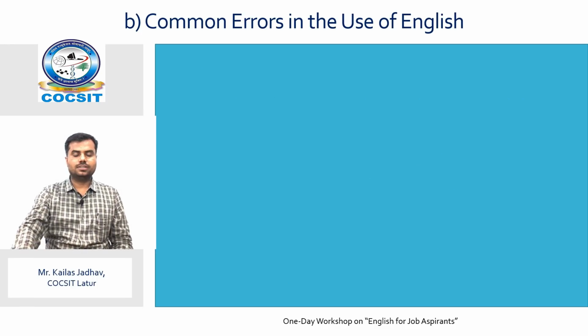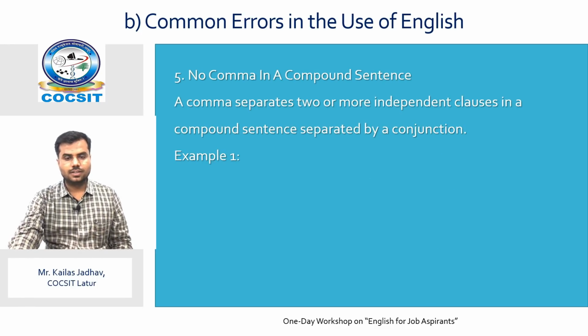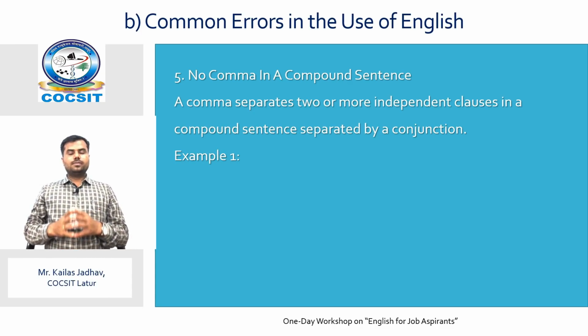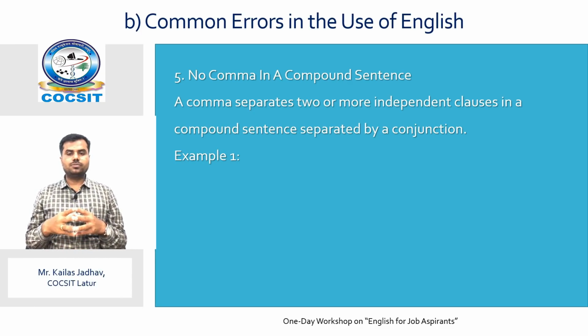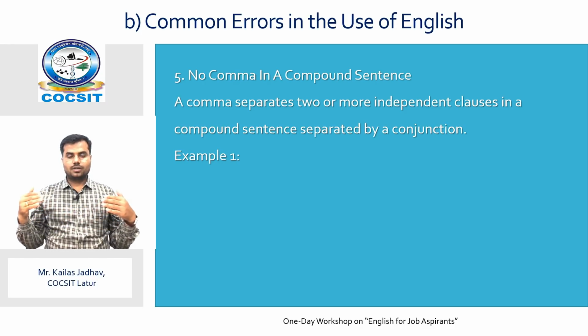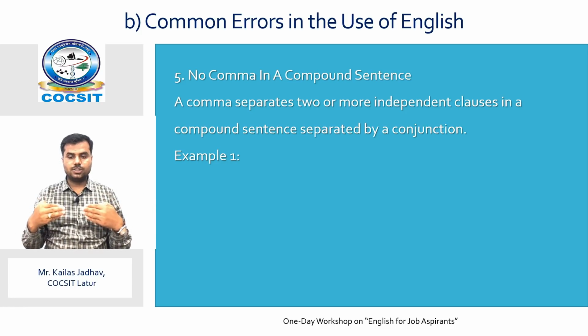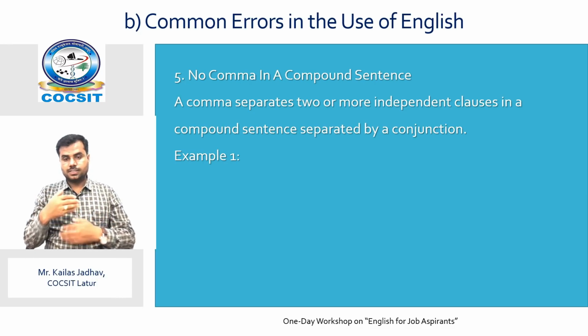The next type of error that we are going to talk about is no comma in a compound sentence. You see, compound sentences are sentences which are combined together, two complete main clauses, combined with the help of a coordinating conjunction like and, but, or, yet, and when they make sense in one sentence, they are called a compound sentence.